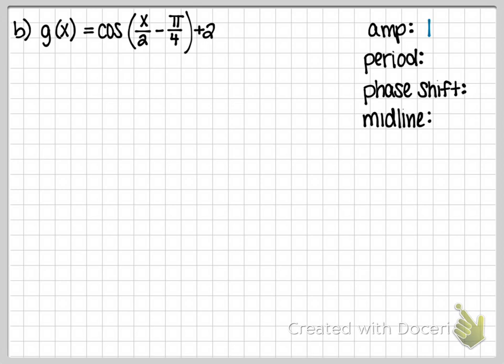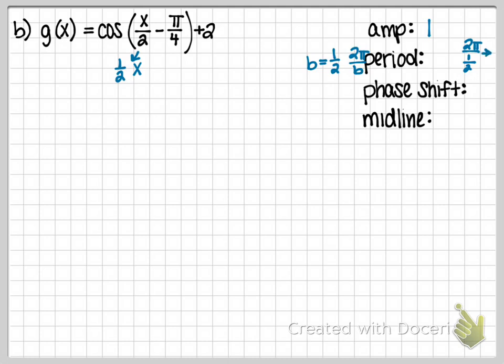My b value, if you notice that, that's the same thing as 1/2 times x. So my b value is going to be 1/2. The period, we find that by taking 2 pi divided by b. So I have 2 pi divided by 1/2.